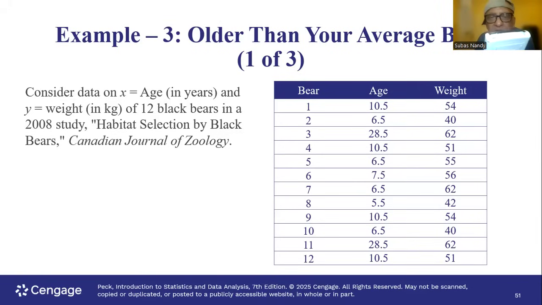So I start with 54, then 40, then 62, then 51, then 55, then 56, then 62, then 42, then 54, then 40, then 62, then 51. So I have all the x and y values, x in L1, corresponding y in L2. These are paired data points.